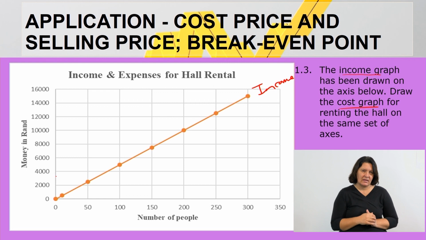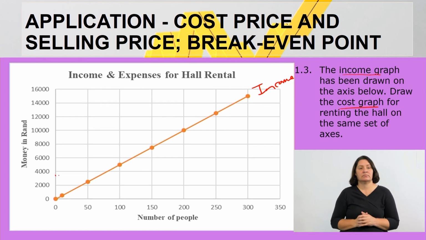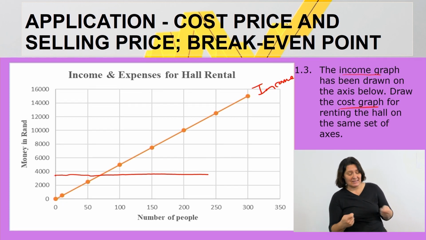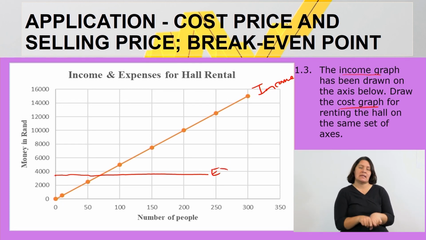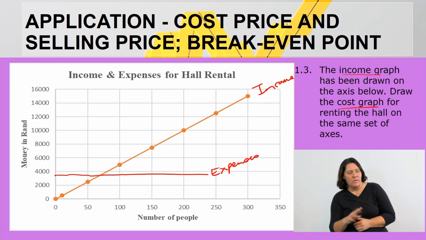So can we agree that 3,600 will be more or less there? And then I'll draw my line across. Because remember, like I've indicated, her expenses are going to remain 3,600 Rand. Guys, I hope that makes sense given the scenario.